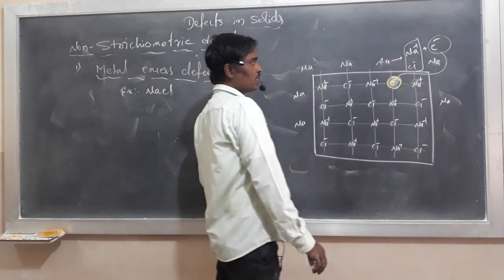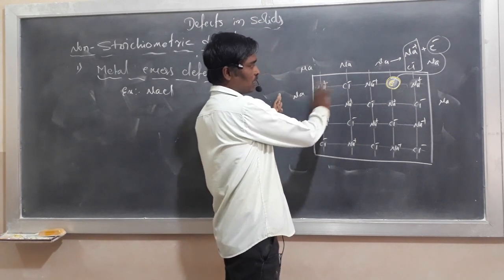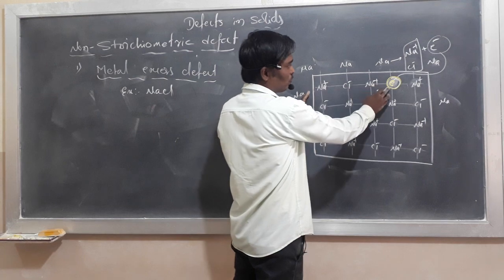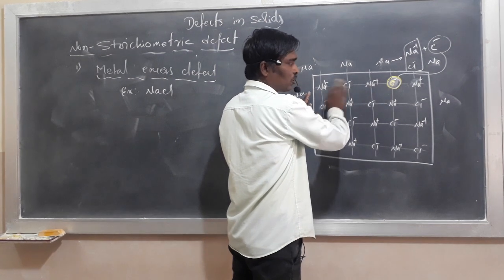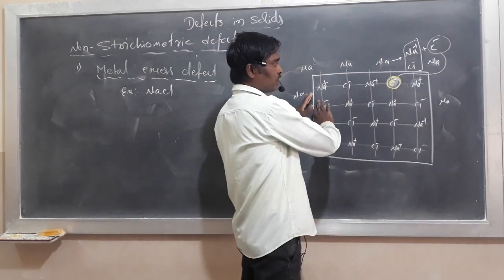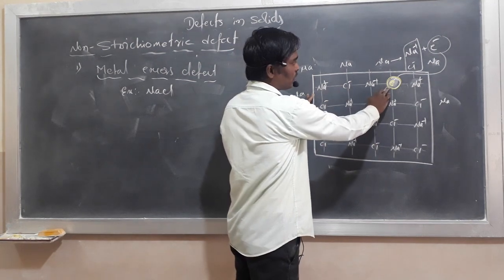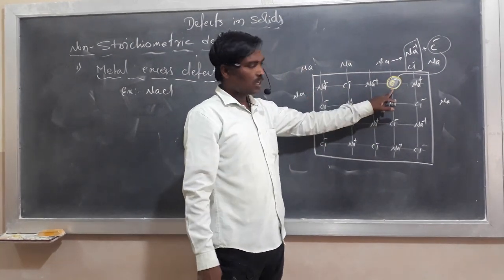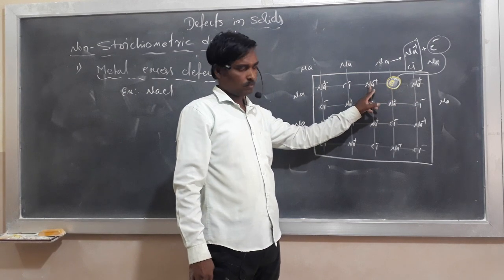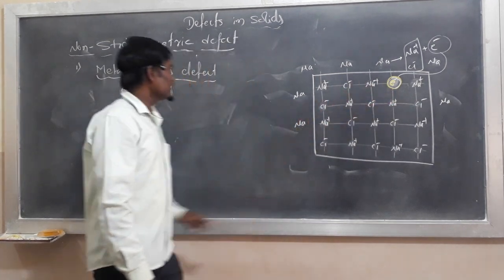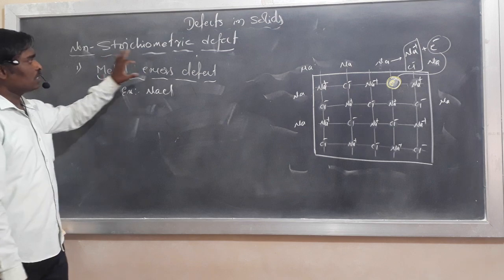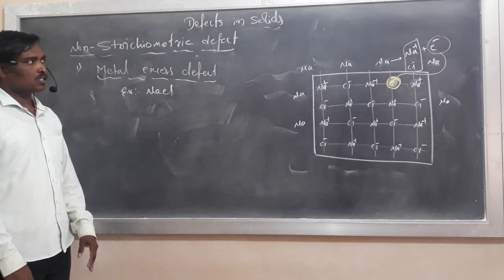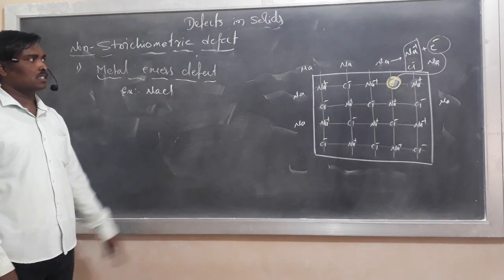Before the defect, the numbers of metal and non-metal ions were the same. But after the defect, some of the non-metal ions are dislocated, so the number of non-metal ions is less compared to the metals. Therefore, such defects we call metal excess defects.